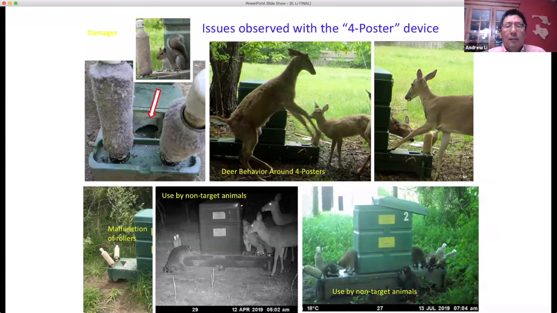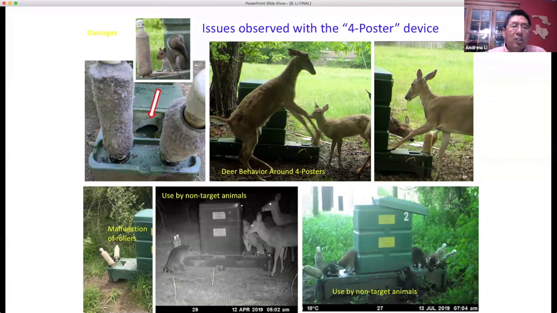Yeah, so deer are the target animal, but we often see non-target animals access it, raccoons and squirrels. They eat corn from a fall poacher. Sometimes the damage by squirrels is that they can get inside the storage bin here and collect out all the corn.